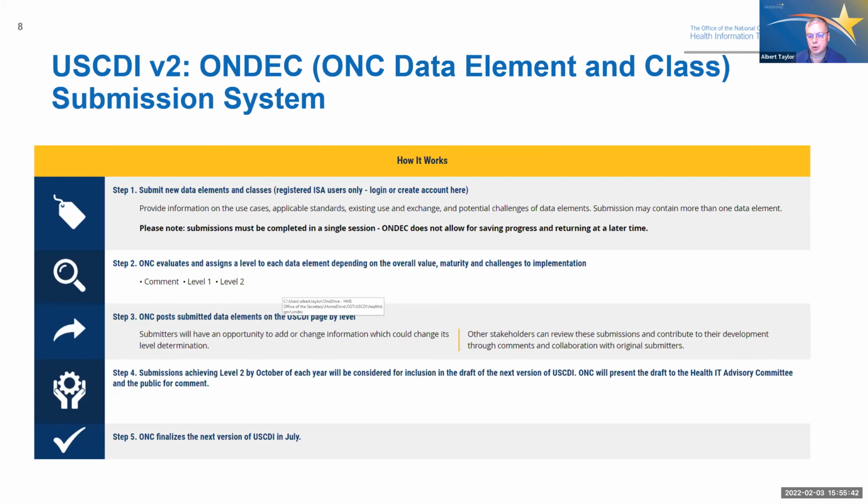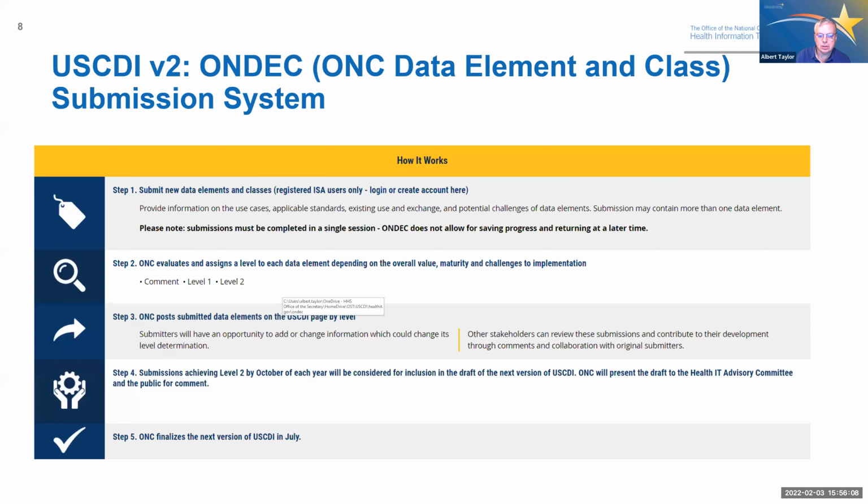That's the one that shows that it's most mature and most capable of being implemented if we were to add it to USCDI. And then ONC evaluates those criteria and lists them all, and we currently list all of the submitted data elements by maturity or by level on the USCDI website.